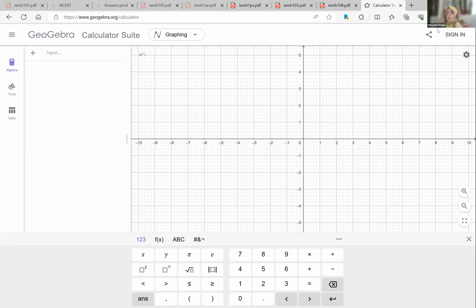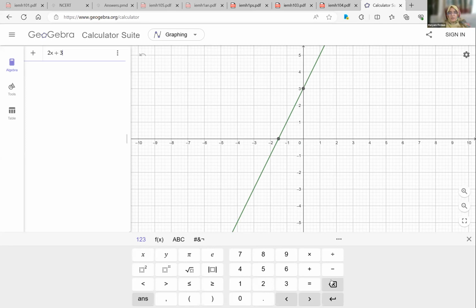Abdul Jabbar, give me an example of linear equation in two variables. 2x plus 3y. Now see how, when I'm writing, look at the graph it's making. 2x plus 3 looks like that.